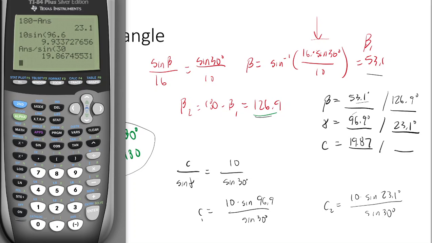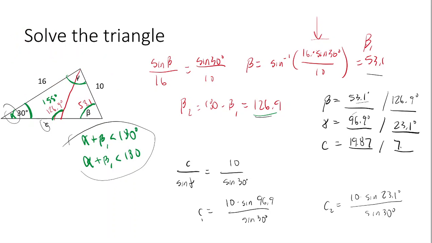So what's that going to be? 10 times the sine of 23.1, sorry, I forgot the parentheses, divided by sine of 30, which is 1/2 obviously. Okay, so we get 7.85. So there we go.